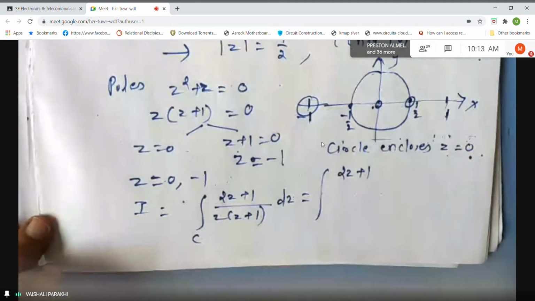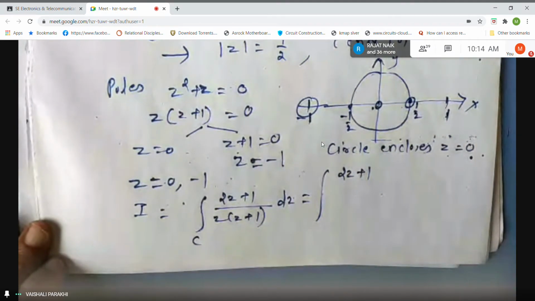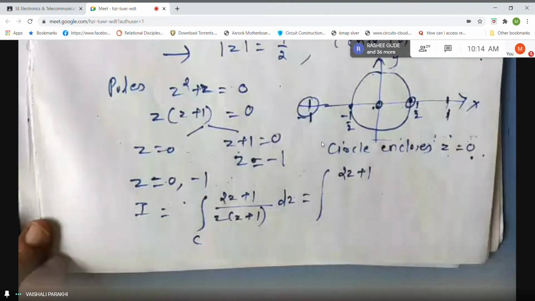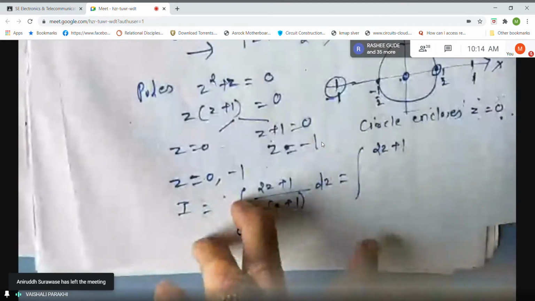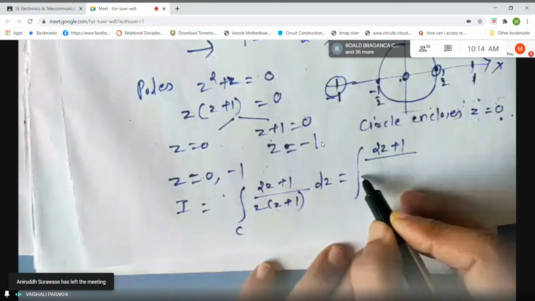How do we arrange it to use Cauchy's integral formula? Sarah, are you there? Tell me what will come along with this 2Z plus 1 and what will remain in the denominator.